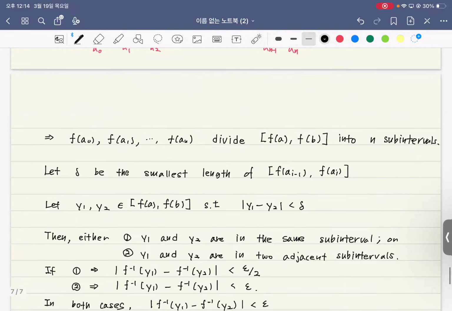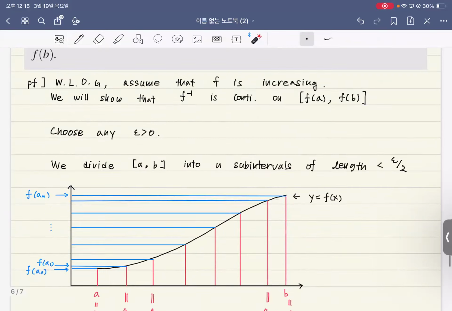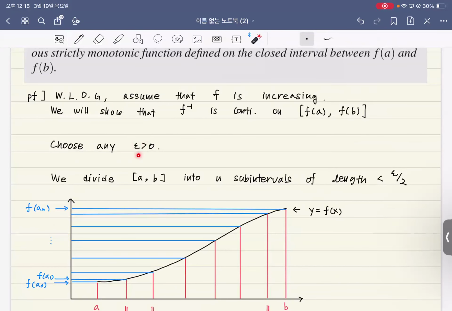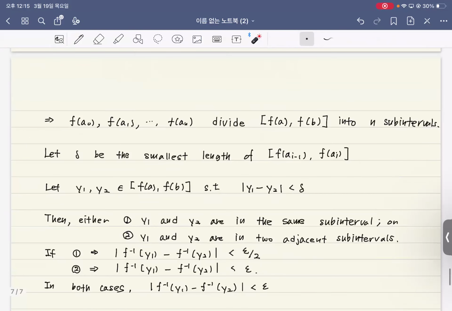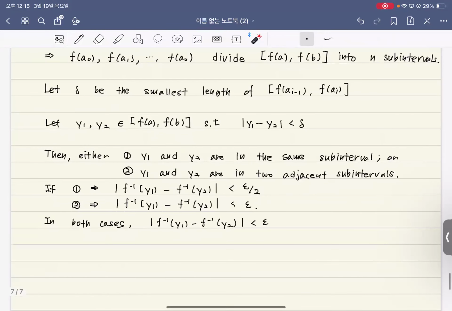What does it mean? For any epsilon, I could find the delta, and if y1 and y2 are separated by less than delta, then their function values are separated by less than epsilon.